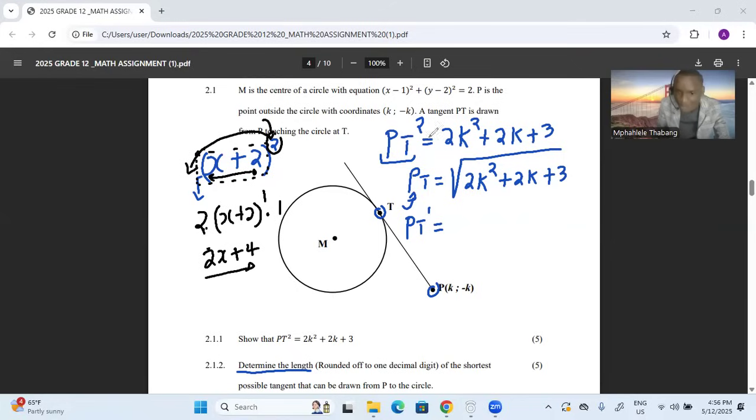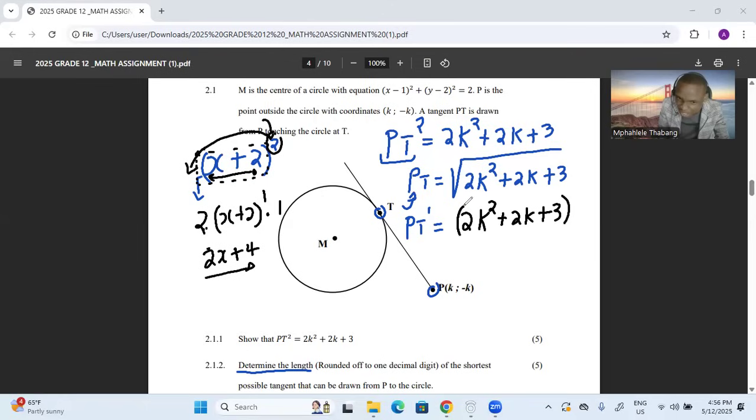Okay, so if I differentiate the square root of 2k squared plus 2k plus 3, it is going to be something like this. Remember, 2k squared plus 2k plus 3 in the root can be written as something like this.